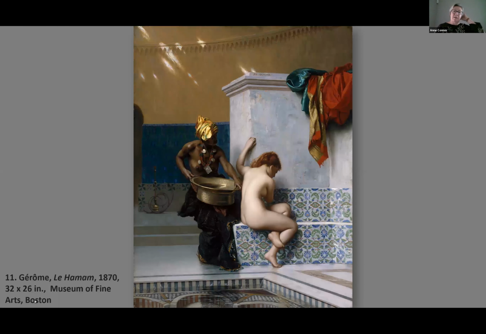So here are some of the paintings by Gerome of the hammam. And you can see immediately by the atmosphere, the attitude of the young woman in the nude in the center, that there is a feeling of shame. She doesn't want to be seen.